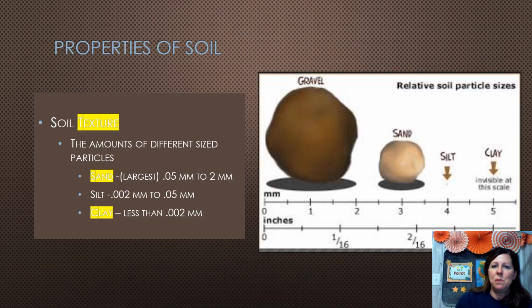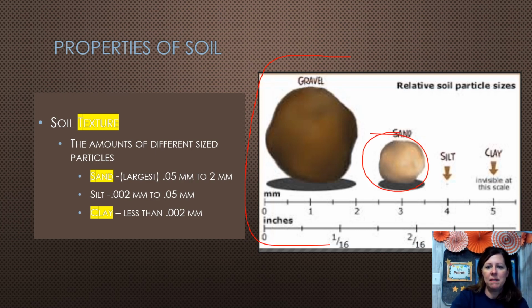As I said, soil is different depending on where you are, so we're going to take a look at some properties of soil. The first one is soil texture, which means the size of the particle. Sand is the largest, from 0.05 of a millimeter to 2 millimeters. You can see on this chart we've got gravel, and then sand, which is what you'd see at the beach.